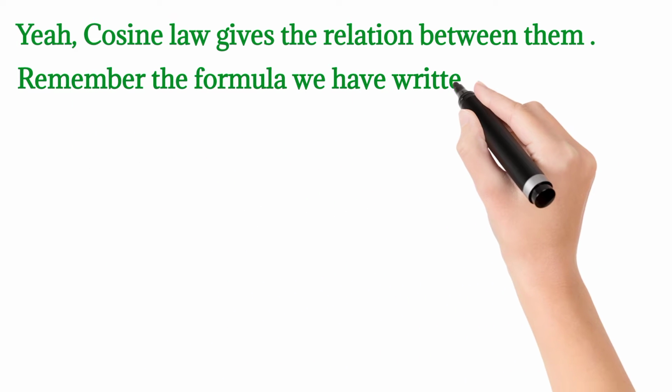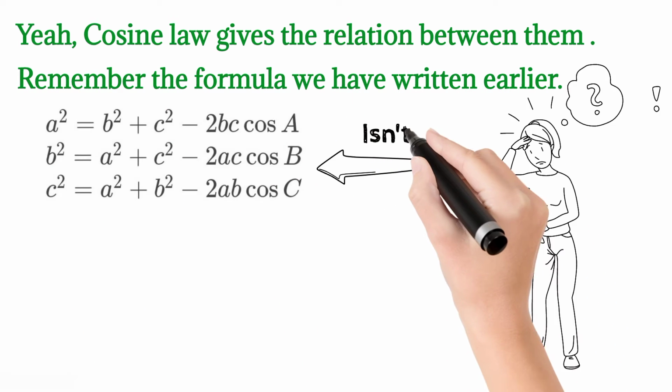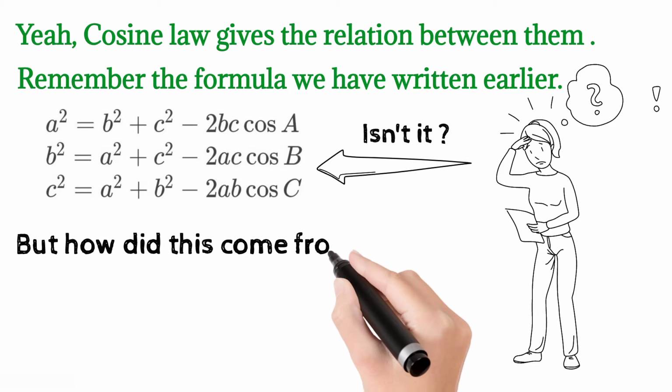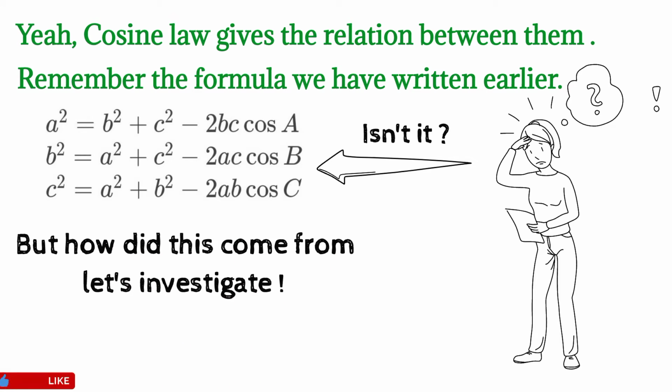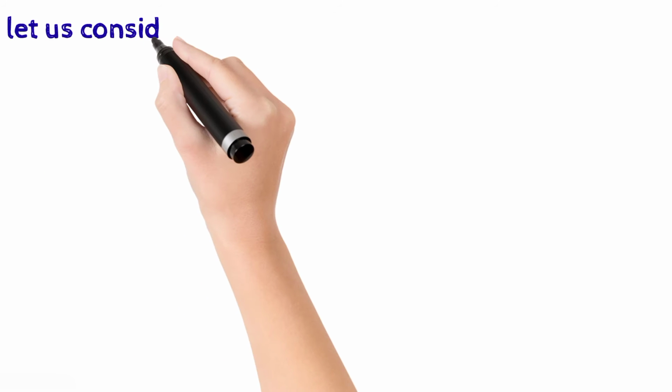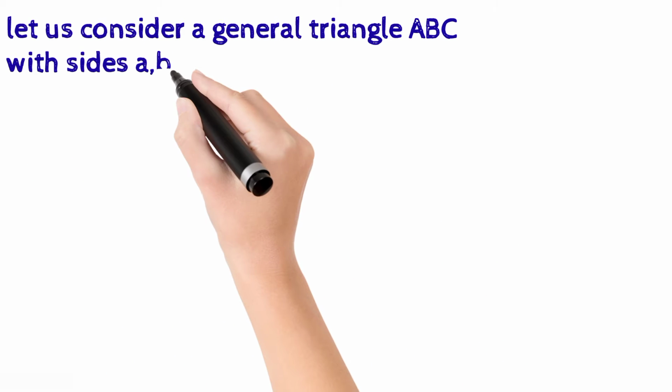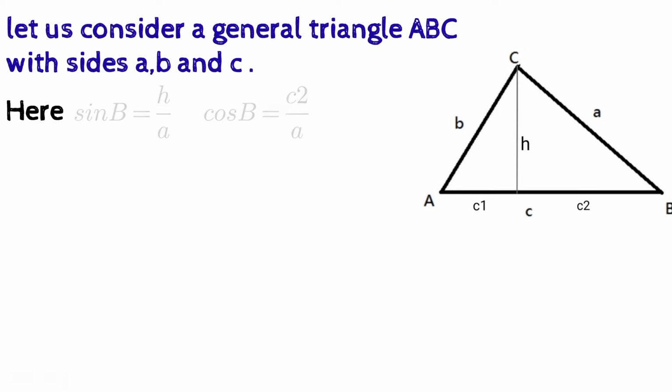Remember the formula we have written earlier, isn't it? But how did this come from? Let's investigate. Let us consider a general triangle ABC with sides a, b and c.